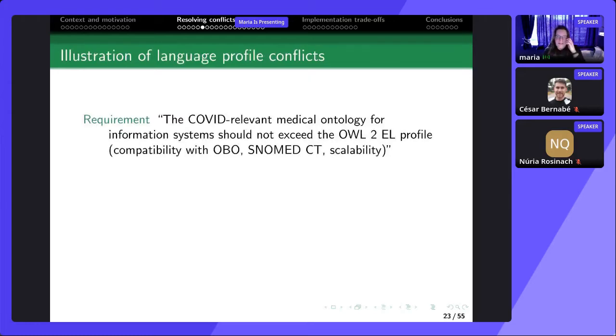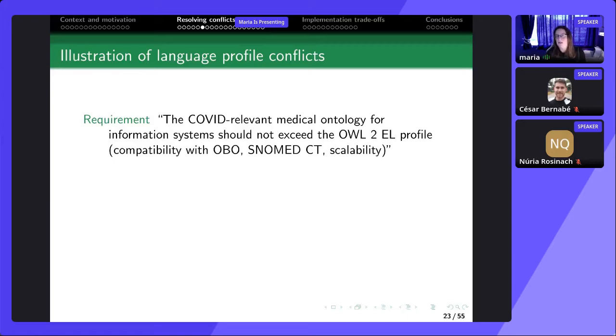So let's give an example of the latter, what that would concretely mean, as an illustration of the source and identifying it. There is a sample requirement, a plausible one at least. For instance, you have a COVID-relevant medical ontology for information systems that should not exceed the OWL 2 EL profile. You may want that because you want compatibility with OBO, which is fairly similar to OWL 2 EL.